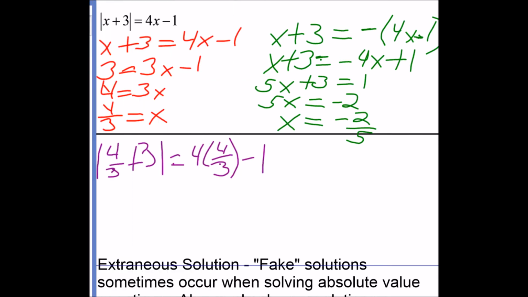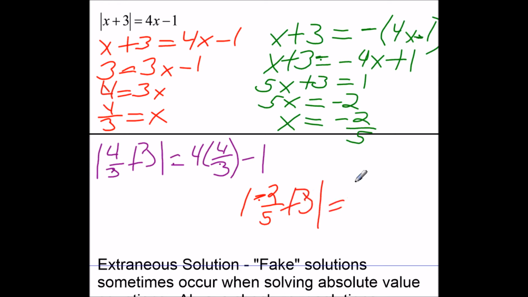Okay. So I'm going to take the absolute value of -2/5 plus 3 equals 4 times -2/5 minus 1.